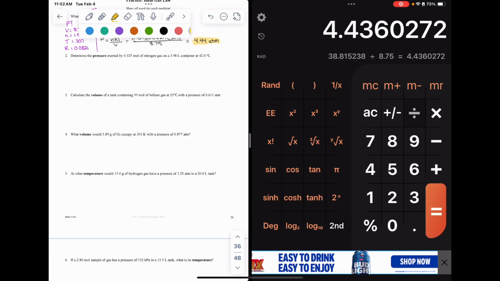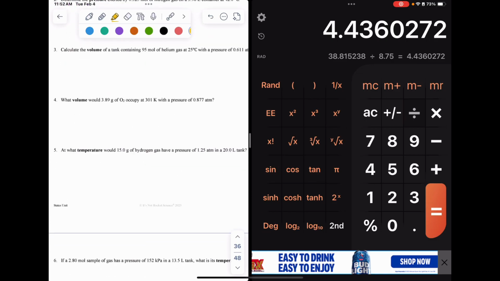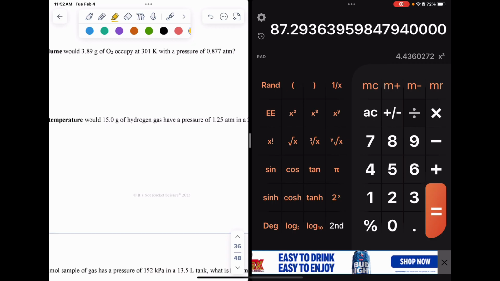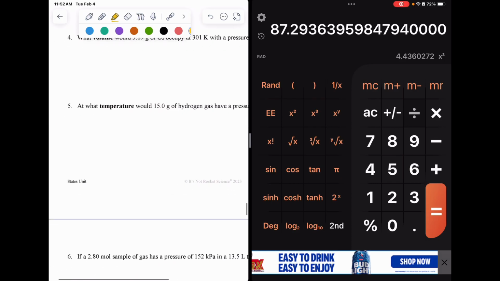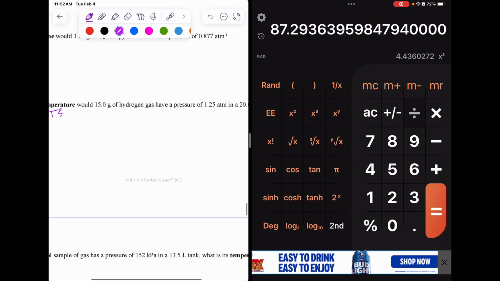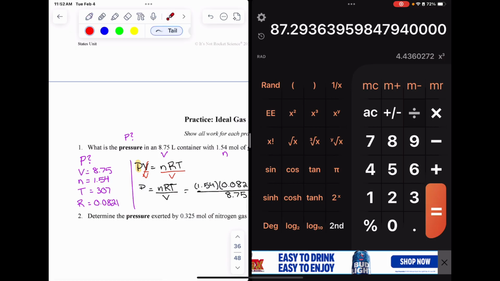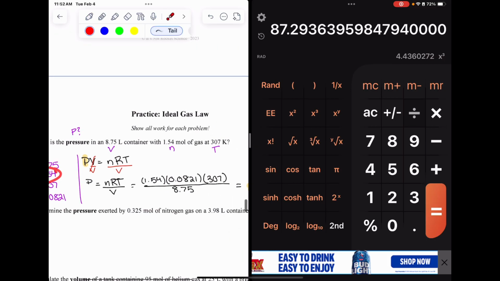So temperature here, anytime you do temperature, it always has to be in Kelvin, just so you know. So number 5, what is the temperature? So we're looking for T with 15 grams. Ooh, so this is grams. They're giving us mass or M. We don't need to find M. We need to find n, which is our number of moles.